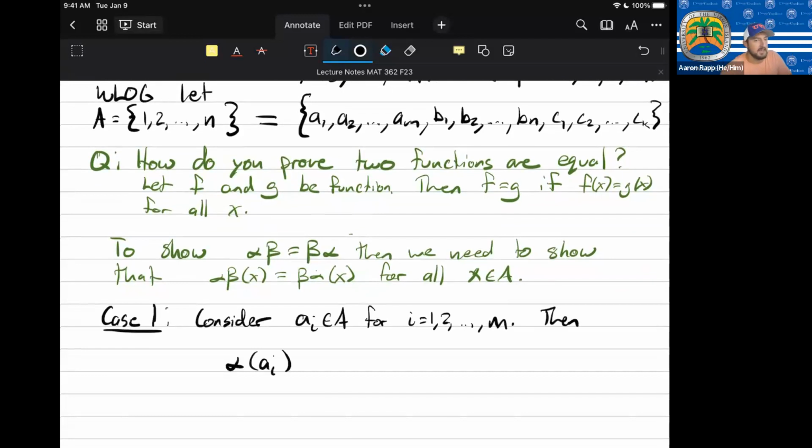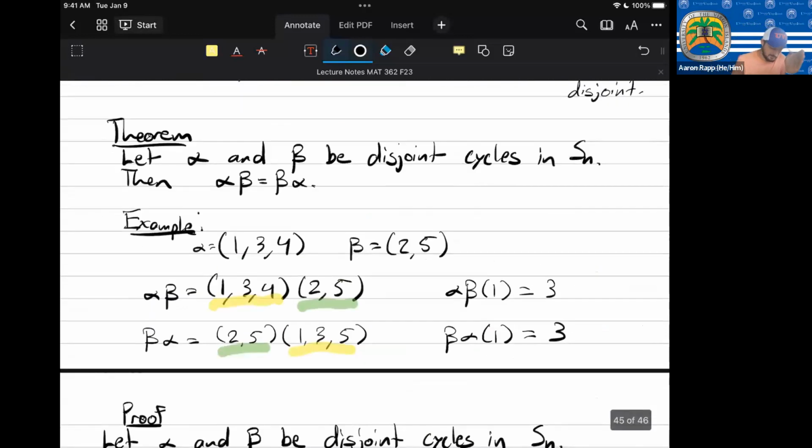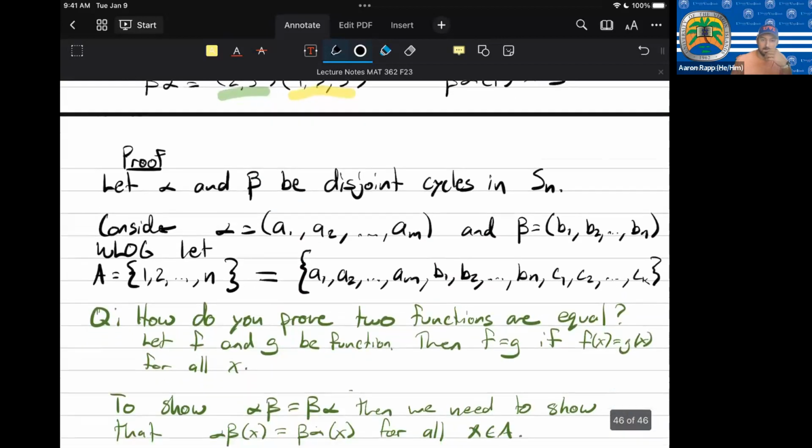So if I take this element A sub I and pass it through the permutation alpha, it's just going to turn it into the next item that is listed in that permutation, right? Like we said, when we go inside of a cycle, we read it from left to right. 1 gets mapped to 3, 3 gets mapped to 4, and then 4 gets mapped back to 1.